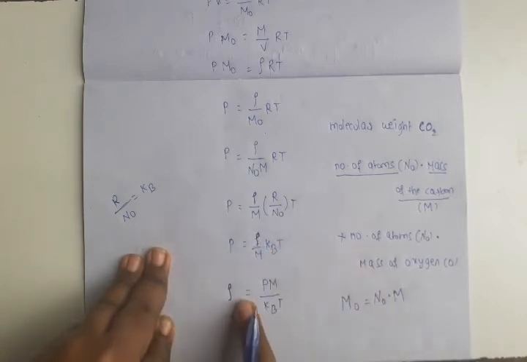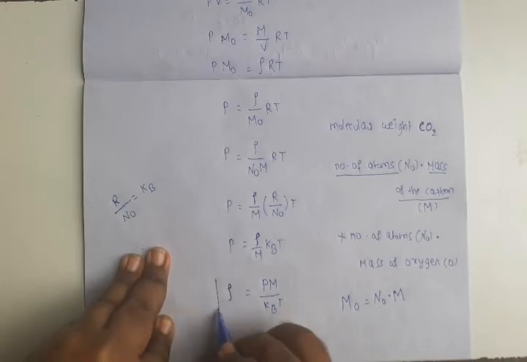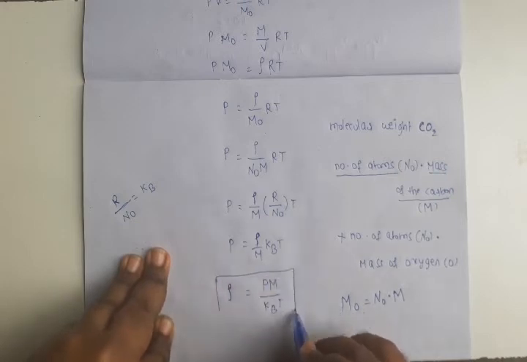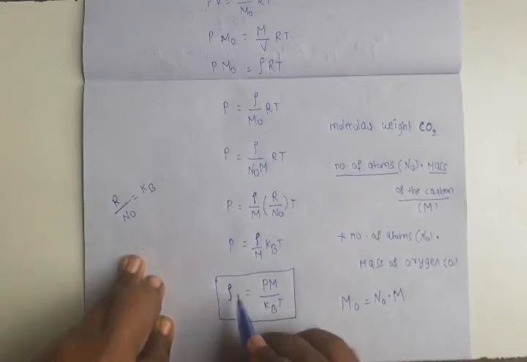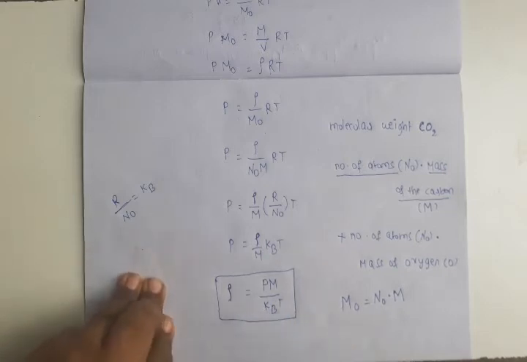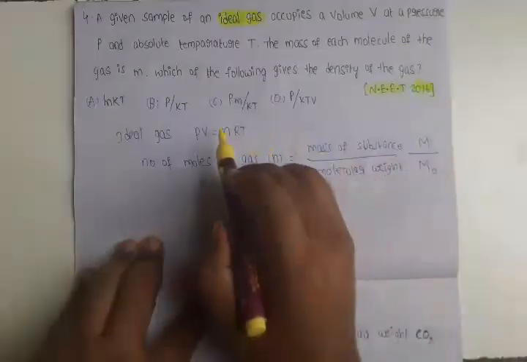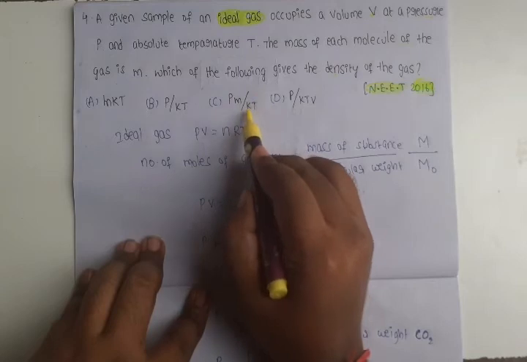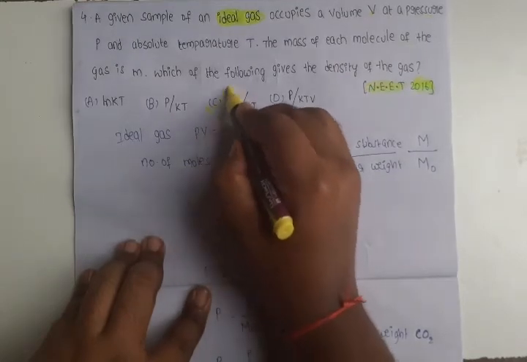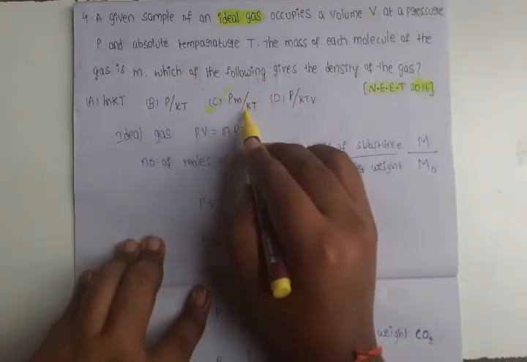So rho, density, equal to Pm by kBT. This is the formula for the density using the ideal gas. See the options. So rho equal to Pm by kBT. Option C is the correct answer, Pm by kT.